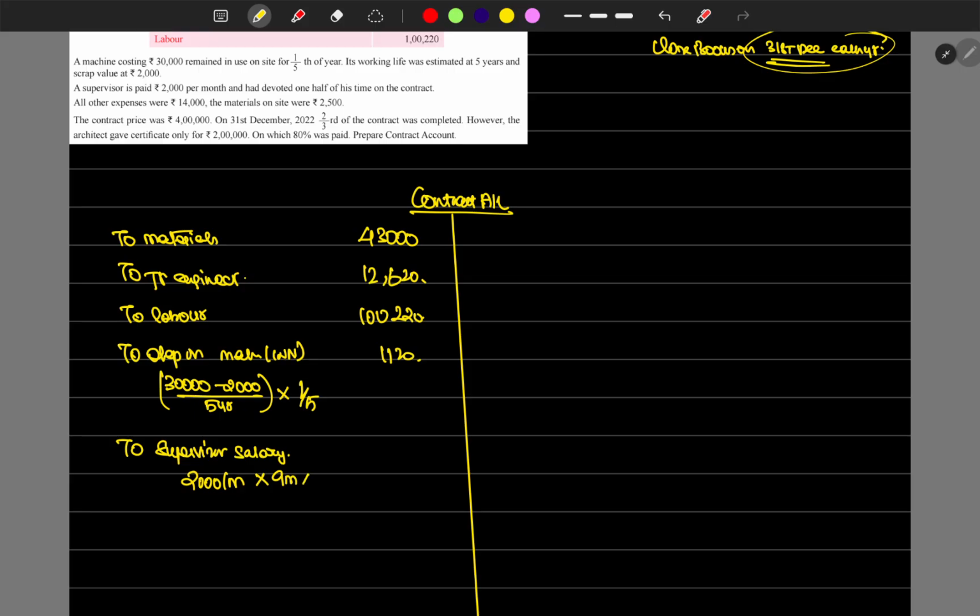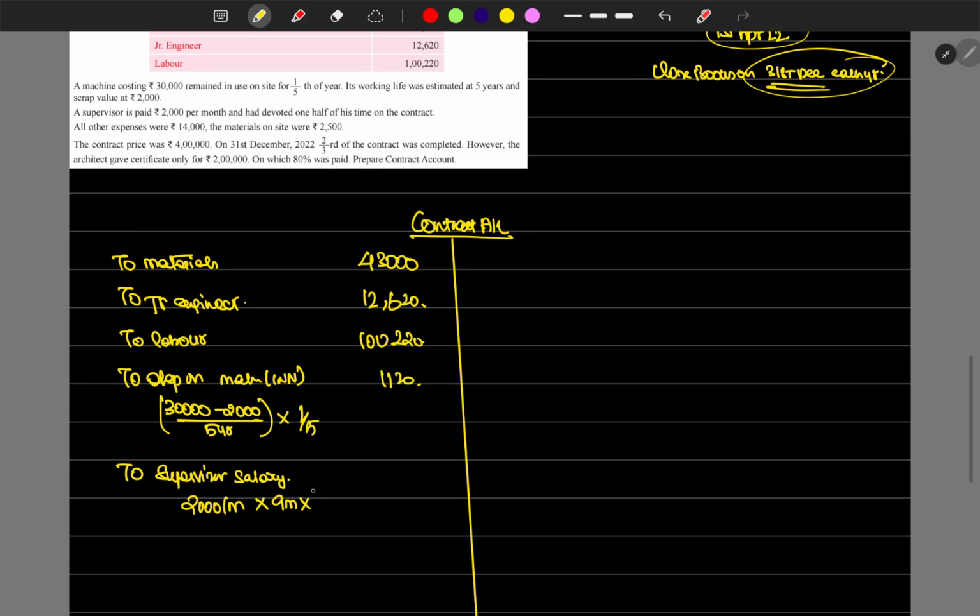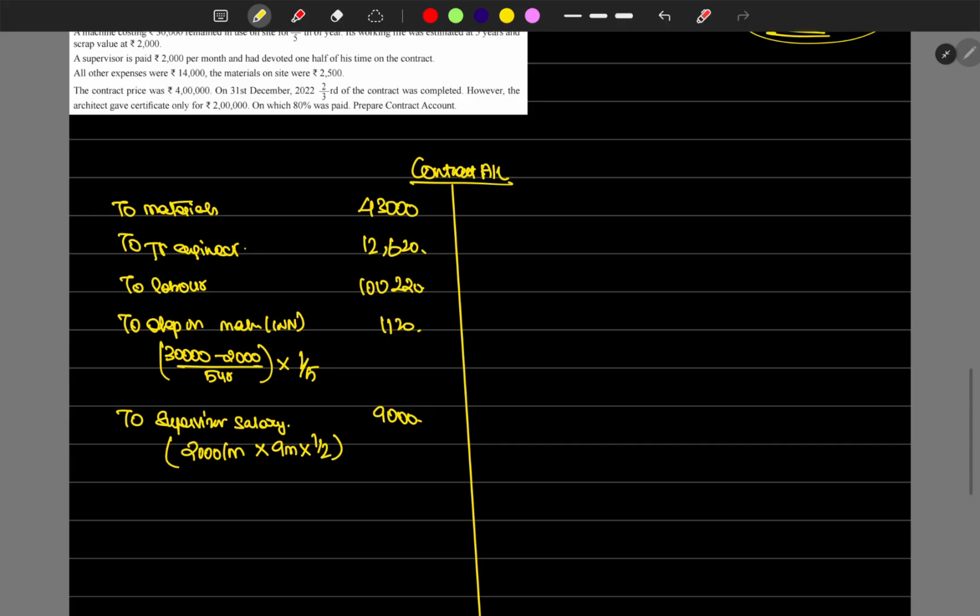For 9 months we have paid, and half of the work he has devoted to this contract, so 1 by 2. So 2,000 into 9 months into 1/2, which is 9,000. 9,000 is the supervisor salary for this contract. All other expenses is 14,000.